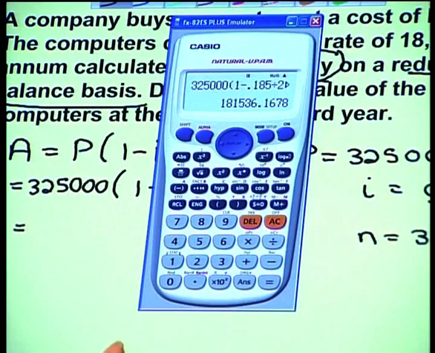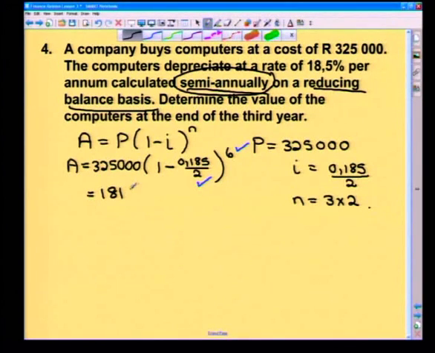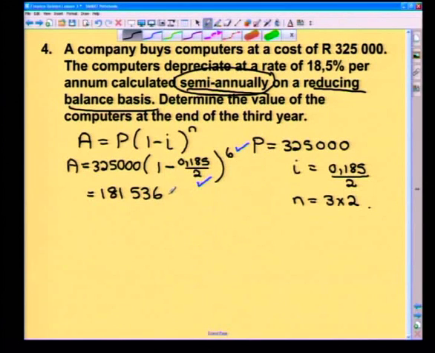I'm going to press equals, and you can see that is what my computers are now worth. So it's 181,536. So 181,536. And just let's finish the rest of that number. It's going to be 17 cents. And that would be, for me, the final answer.